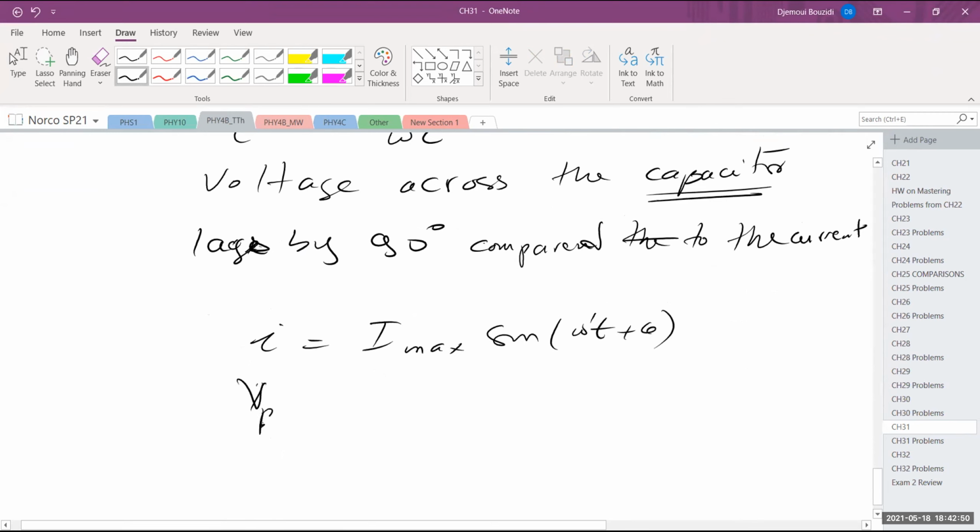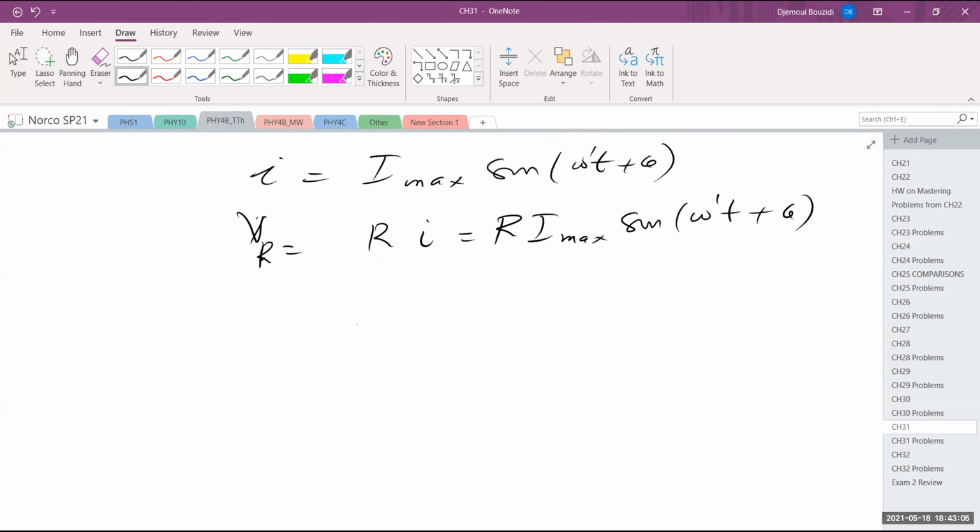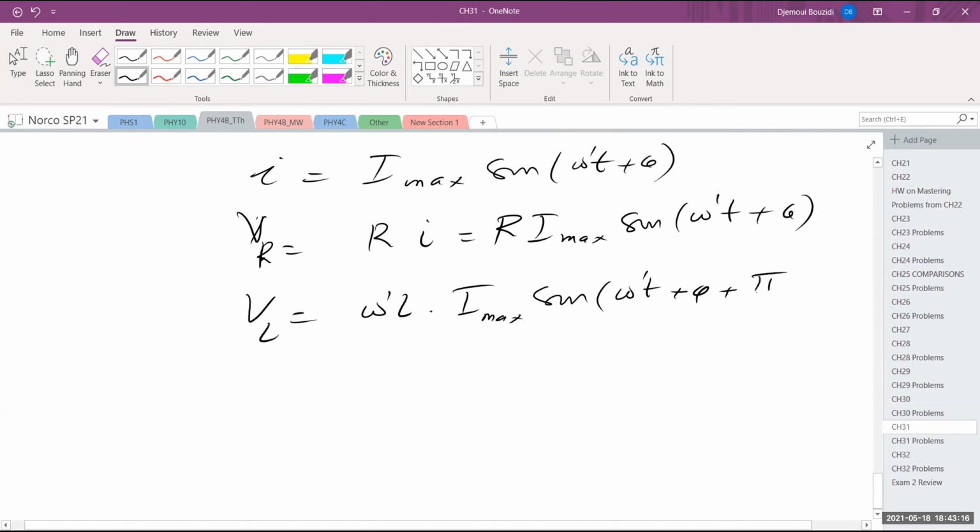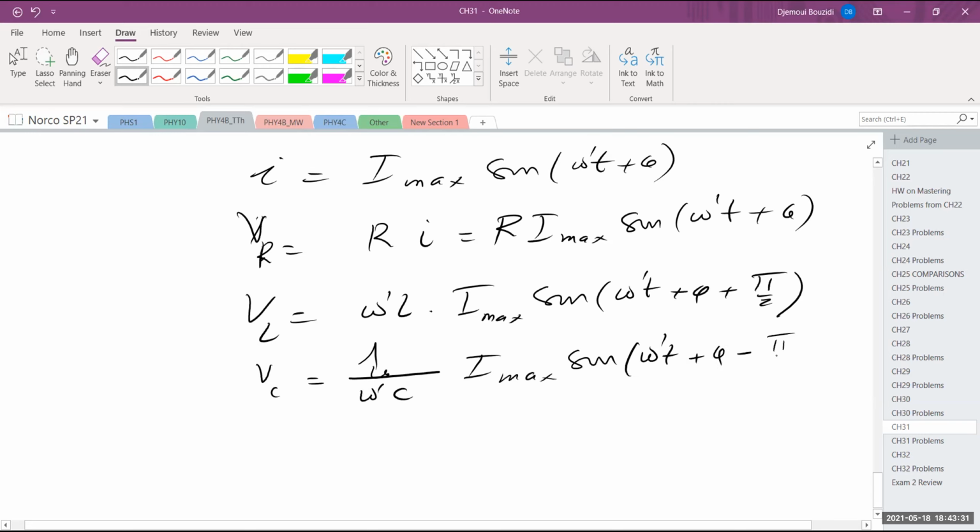The voltage across the resistor is just R times I, which is R times Imax times the same sine of omega prime t plus phi. Now, the voltage across the inductor, VL, is omega prime L times the same current Imax times the sine of omega prime t plus phi plus 90 degrees. And the voltage across the capacitor is actually 1 over omega prime C times Imax times the sine of the same angular frequency, minus pi over 2.